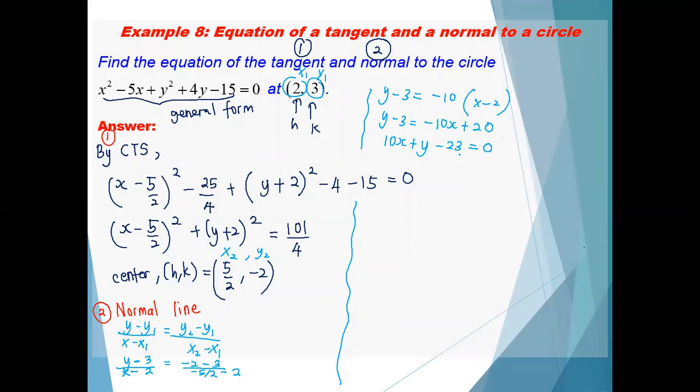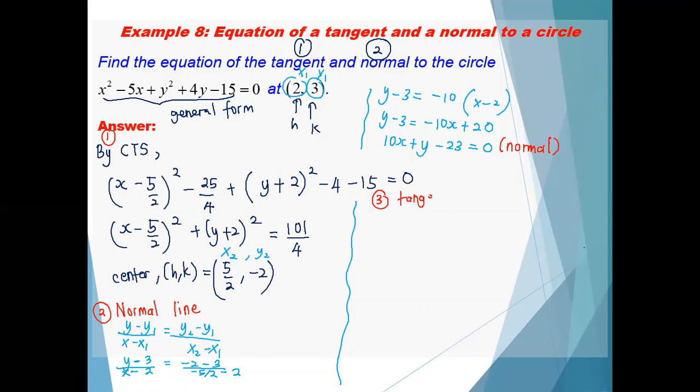So this is a normal to the circle. So we move to the third step, which is we want to find the tangent line.